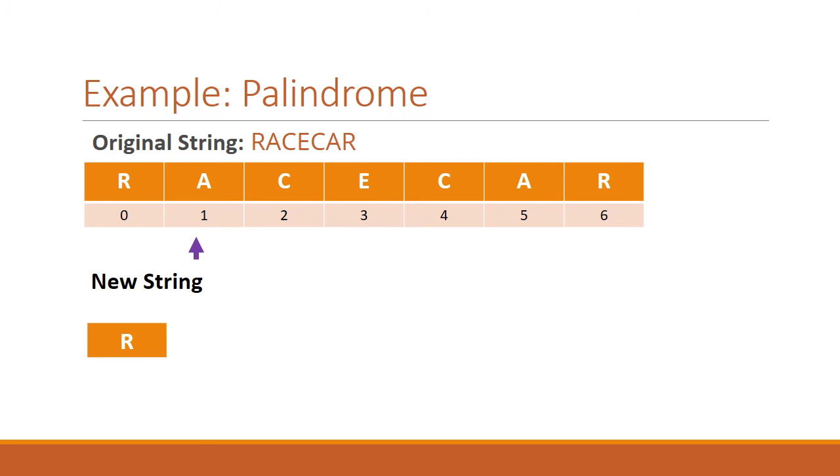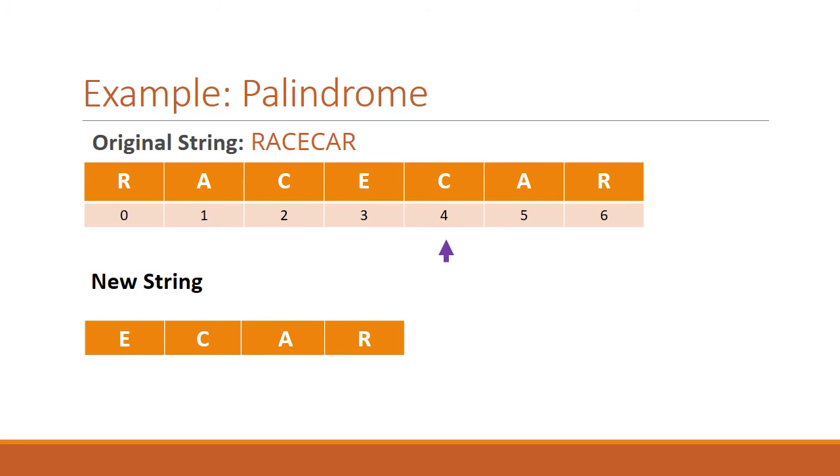Therefore, the value of the new string is equal to AR. Now we add C to the beginning of the new string, making the new string equal to CAR. E is appended to the beginning of the new string. The new string now becomes ECAR.